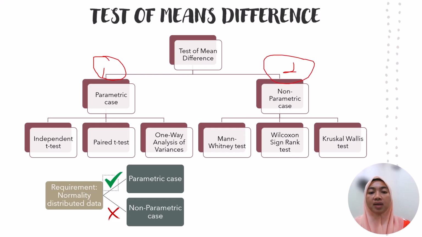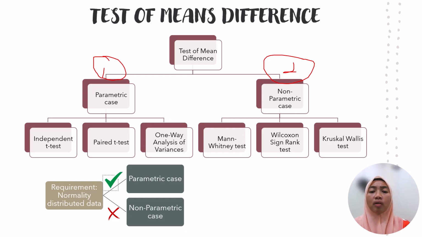In the parametric case, we have three tests: the independent t-test, the paired t-test, and the one-way analysis of variance. For the non-parametric case, we have the Mann-Whitney test, the Wilcoxon signed-rank test, and also the Kruskal-Wallis test.